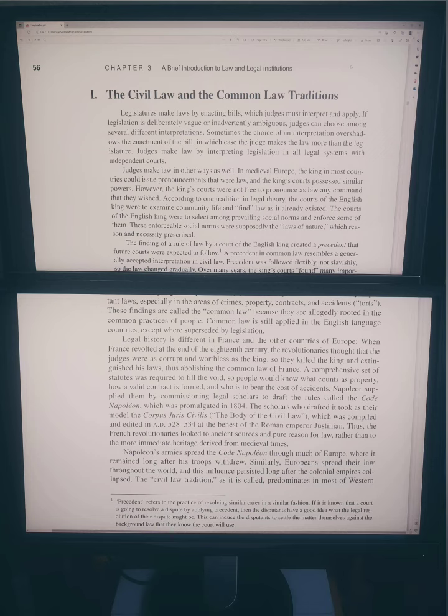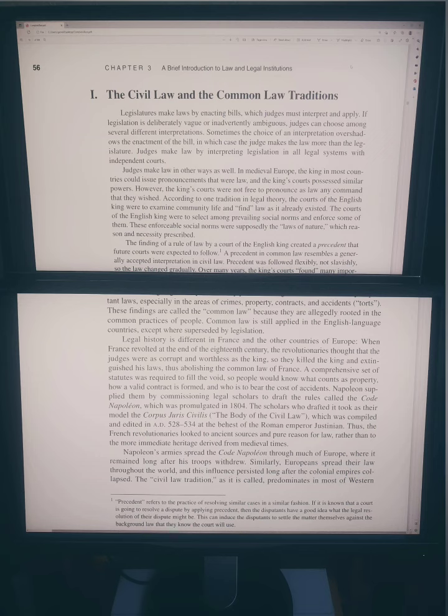The civil law tradition, as it is called, predominates in most of Western Europe, Central and South America, parts of Asia colonized by European countries other than Britain, and even in pockets of the common law world, such as Louisiana, Quebec, and Puerto Rico.